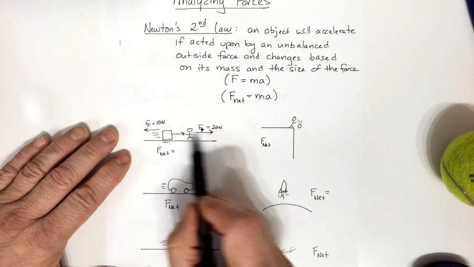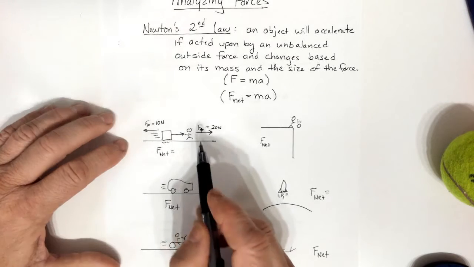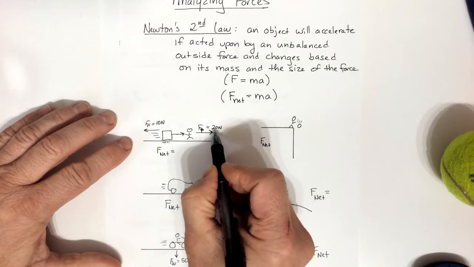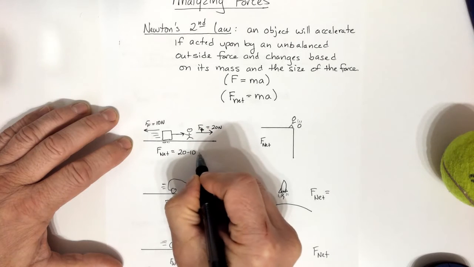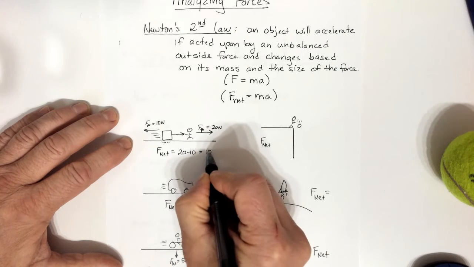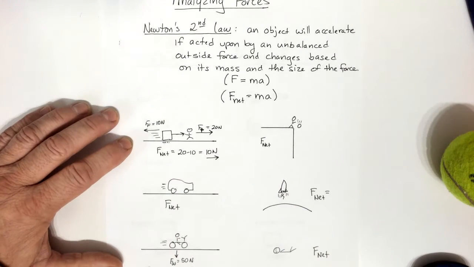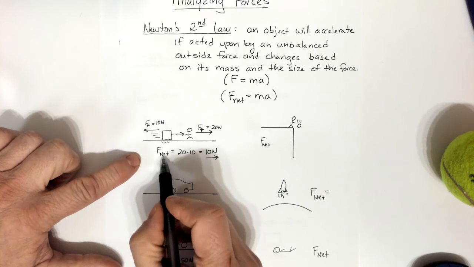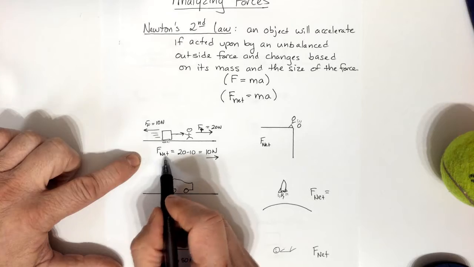Well, since they're in opposite directions, the rule is opposites subtract. So we would have 20 minus 10, and that would give us a leftover 10 newtons, but it would be left over to the right. So that would be the leftover force I could plug into this equation. That would be the net force.